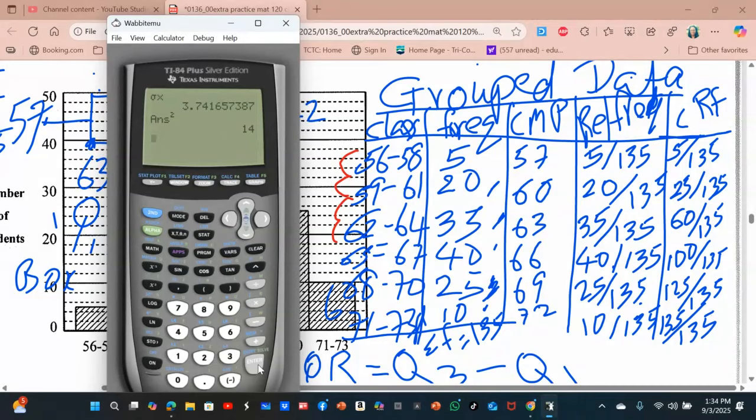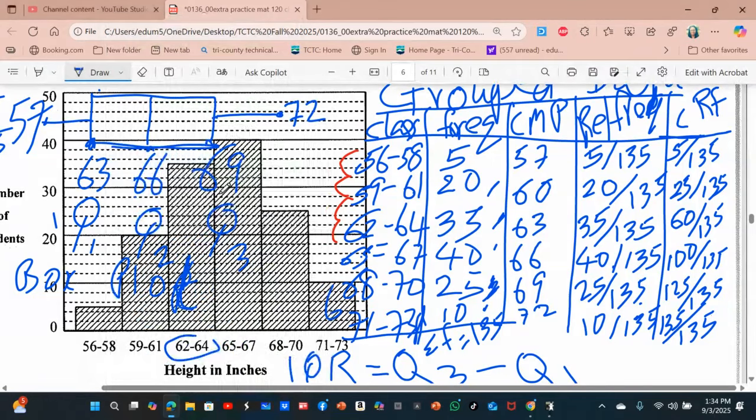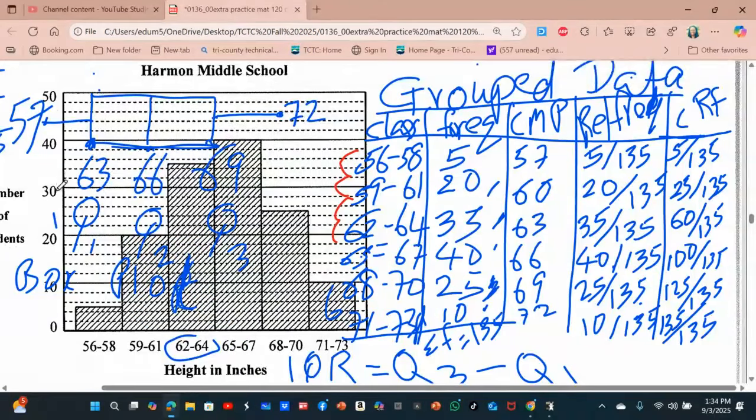I can be told to find the interquartile range. If you have the 5 number summary, you can get the interquartile range. The interquartile range is Q3 minus Q1. So 69 subtract 63 is 6. Therefore, the interquartile range is 6.